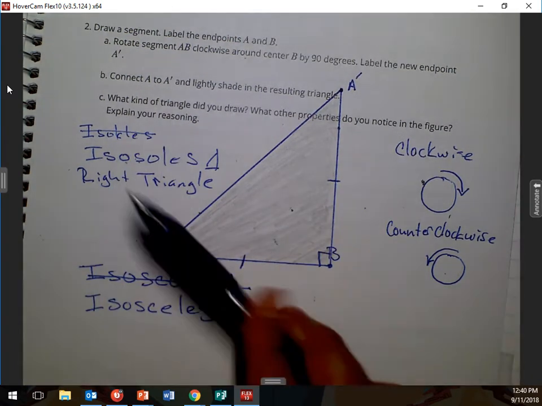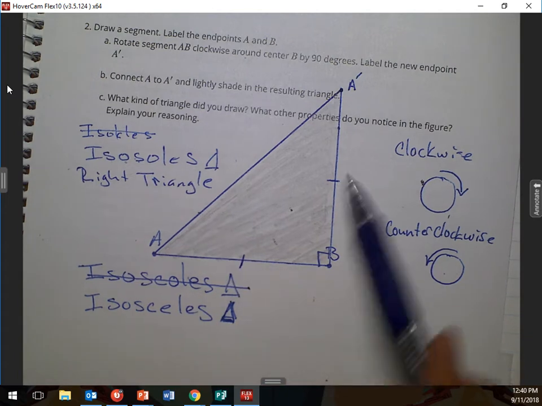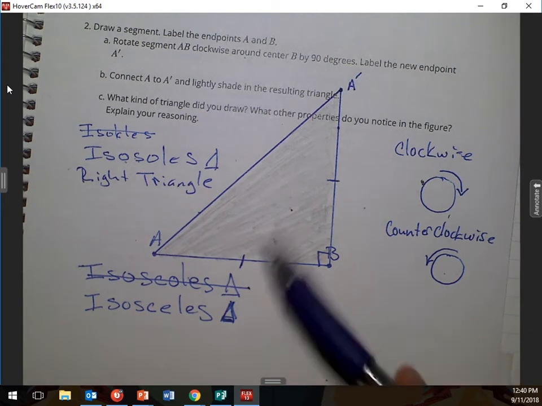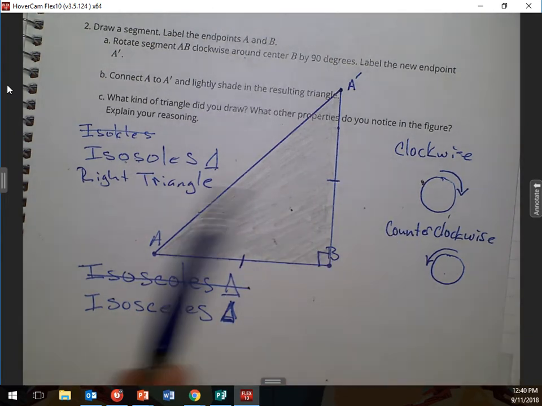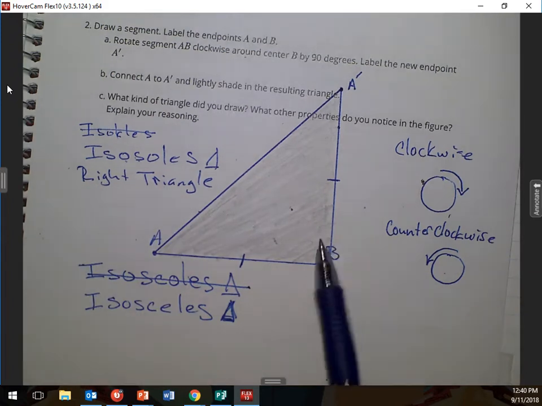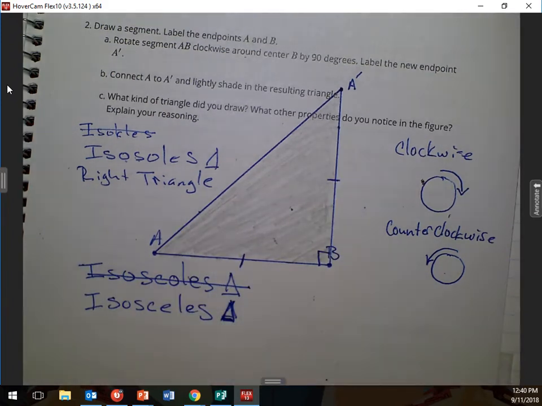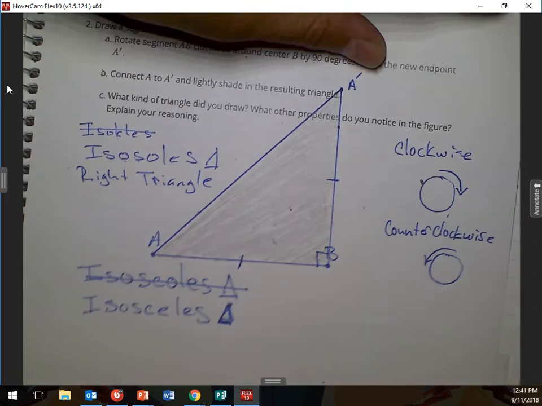Explain your reasoning. Isosceles, because we said that these two sides are going to be the same. They are congruent. It's an isosceles triangle. It's a right triangle also if I'm categorizing them by angles. Does everyone feel good about that? Yeah. Okay, so now we're not crying too much about that anymore.